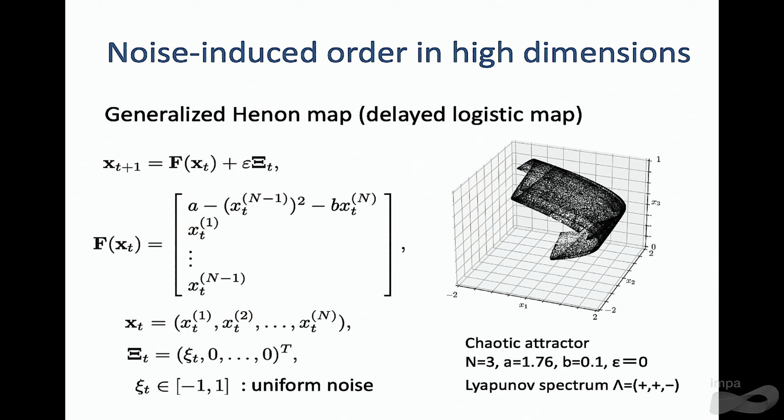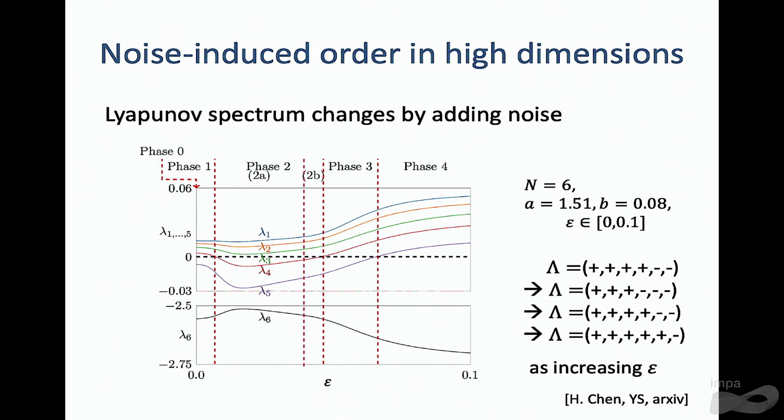And the chaotic attractor is like this when n equals 3, and we have two positive Lyapunov exponents. And if we set n equals 6, a 6-dimensional delayed Hénon map, delayed times 6, then we have this numerical experimental result of the Lyapunov spectrum.